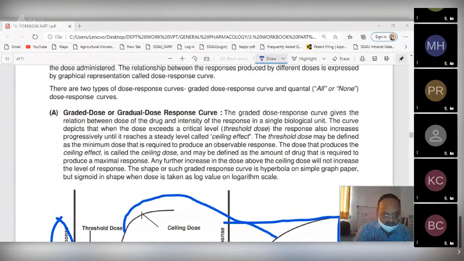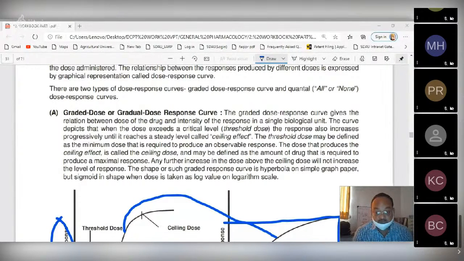That means if you increase the dose continuously, the response graph will reach a particular steady level. By increasing the dose further, you cannot increase the response. That means there is a plateau. Then there will be no increase in the graph. It remains constant. That maximum effect or steady effect is known as ceiling effect.